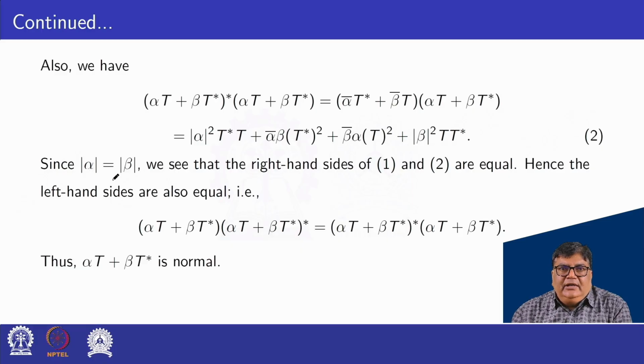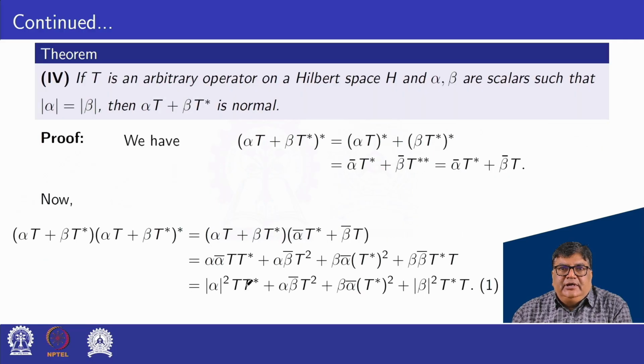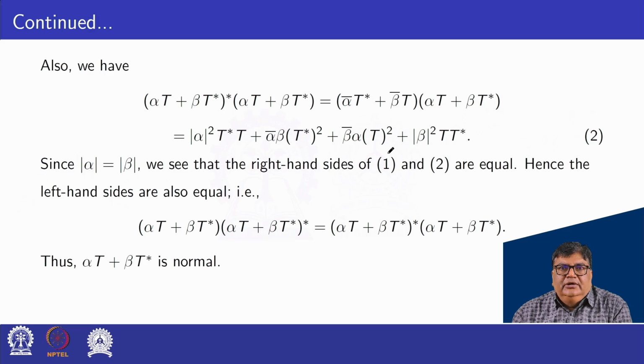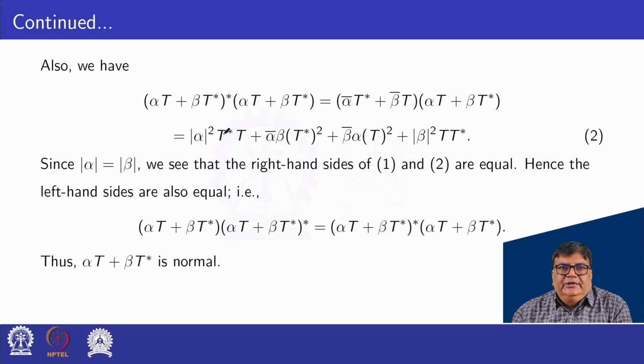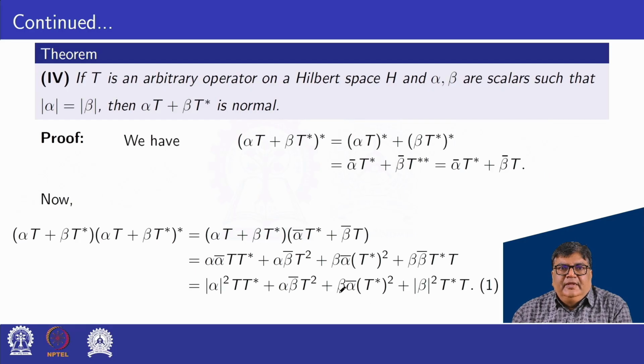So if mod alpha is equal to mod beta, we see that the right hand sides of equations 1 and 2 are equal. Here the coefficient of TT star is mod alpha square. Here the coefficient of TT star is mod beta square. And here the coefficient of T star T is mod beta square, and here the coefficient of T star T is mod alpha square. And these two terms are the same.